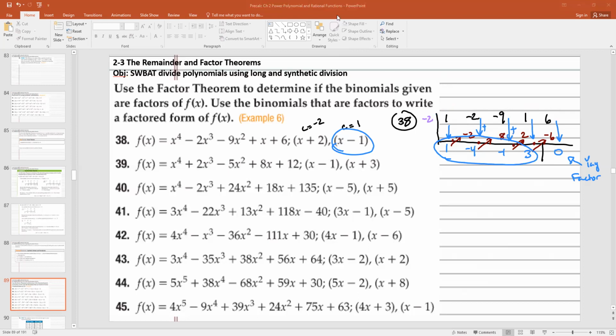So I'm going to put it into that second one, this one down here. Why? Because it's less work. And if it is a factor, then it will work. We will get 0. If it's not, then it's not a factor of the original one.